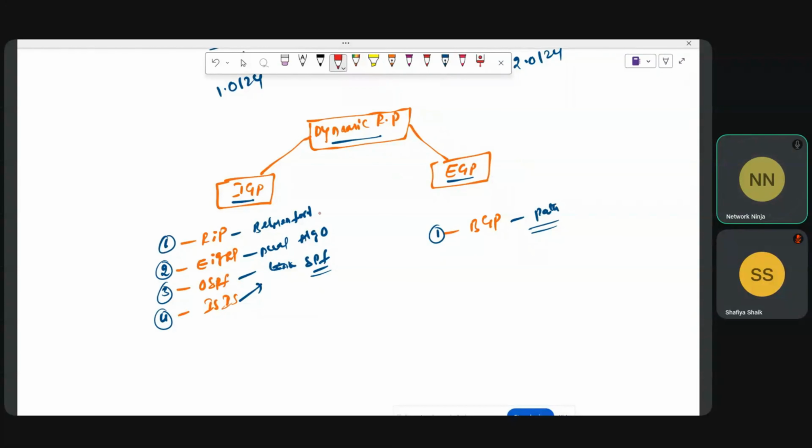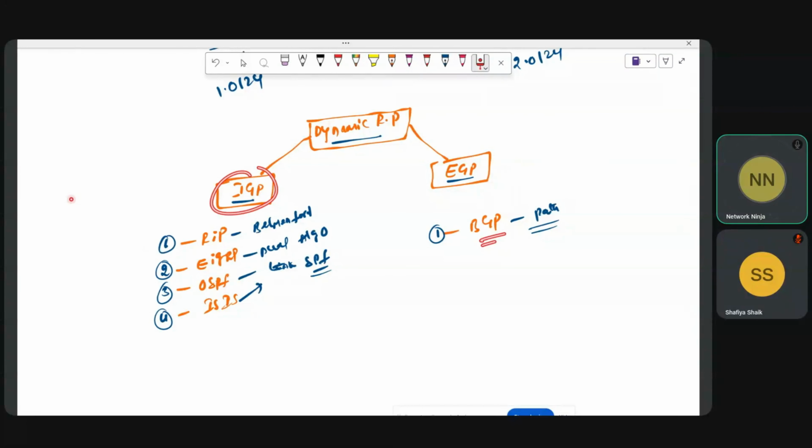If you consider RIP, its AD value is 120. I'll discuss the AD value part in a different slide. Let me revise this. You need to remember that dynamic routing protocols are divided into two types: IGP, interior gateway routing protocol, and EGP, exterior gateway routing protocol. In IGP we have RIP, EIGRP, OSPF, and IS-IS, and in EGP we have BGP.